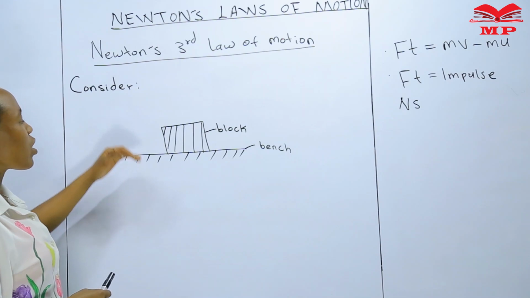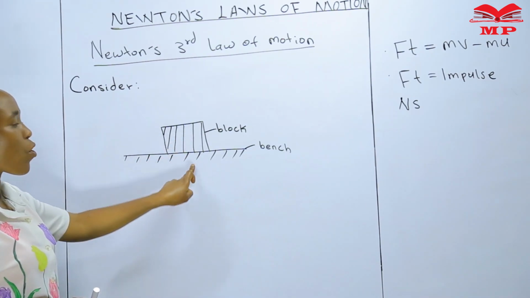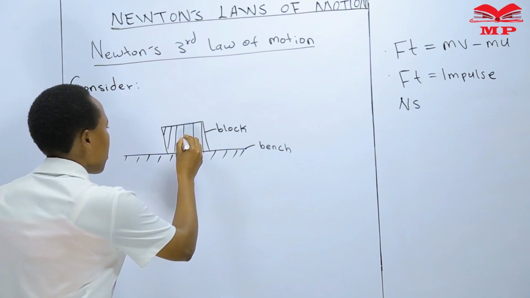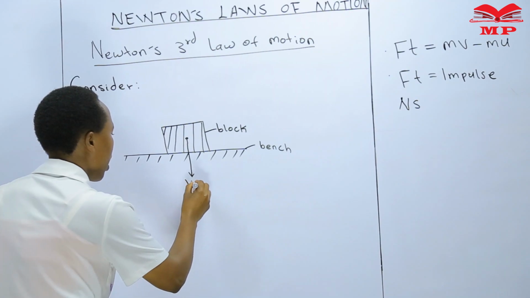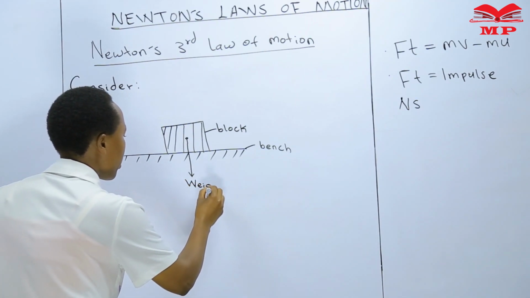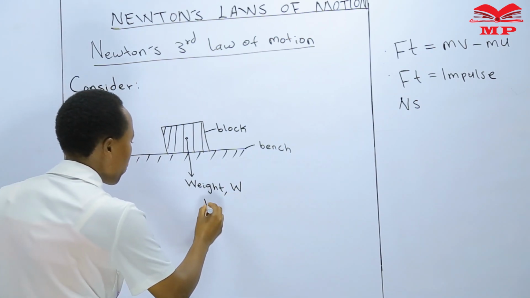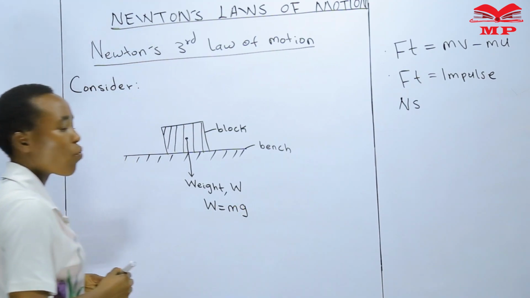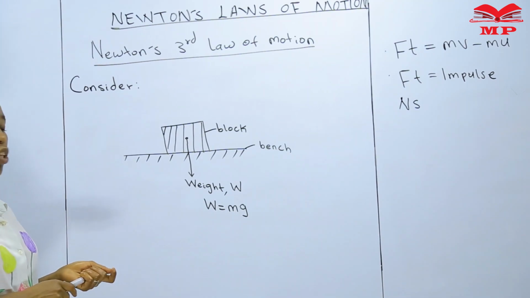When it rests on this bench, this block will exert some force on the bench. If this is the center, we are going to have the weight W being exerted on the bench, and weight is given by mass multiplied by the gravitational acceleration, because this body will experience some gravitational force.